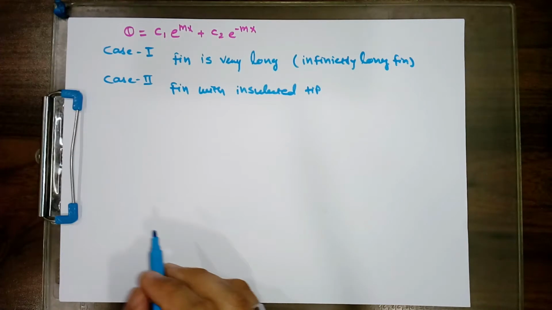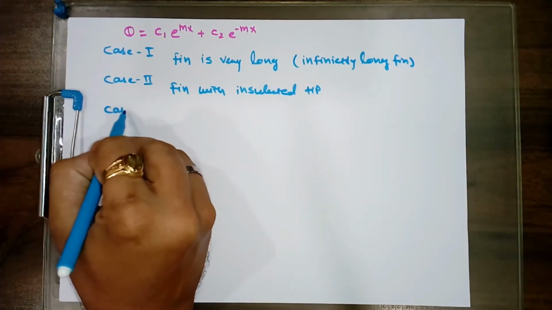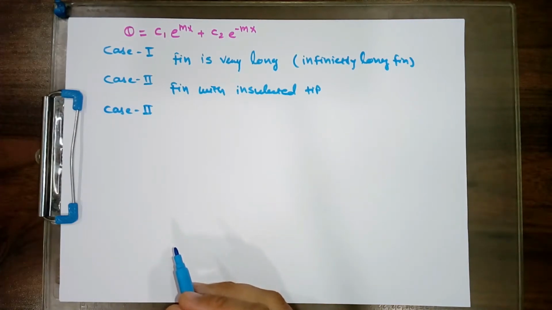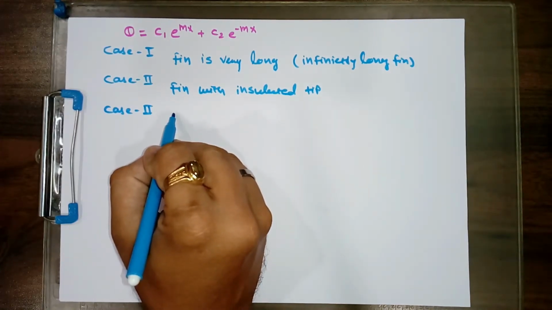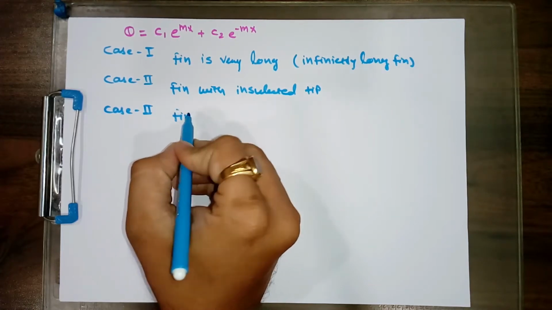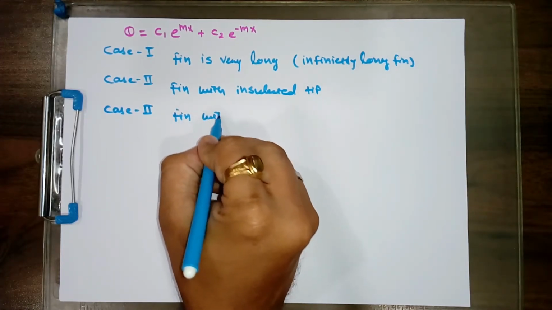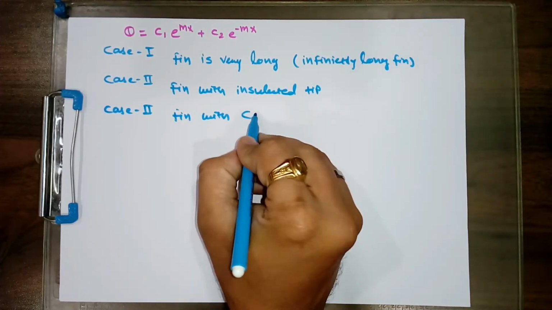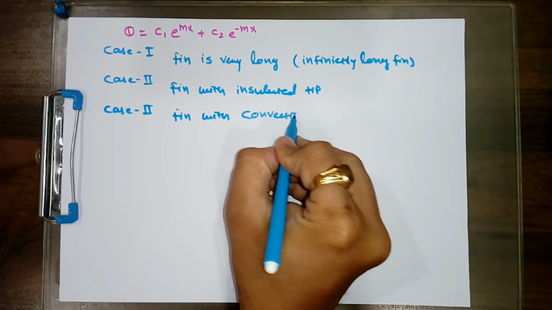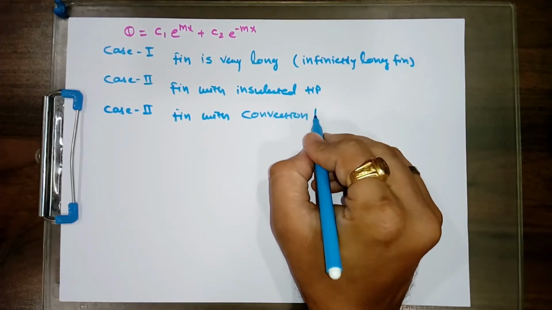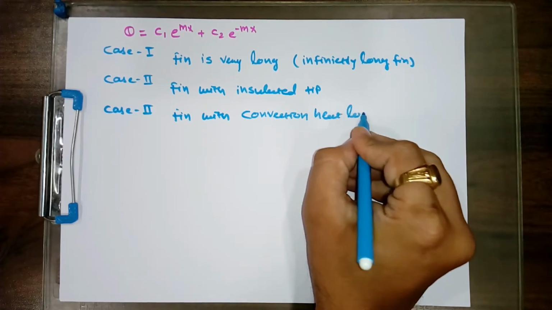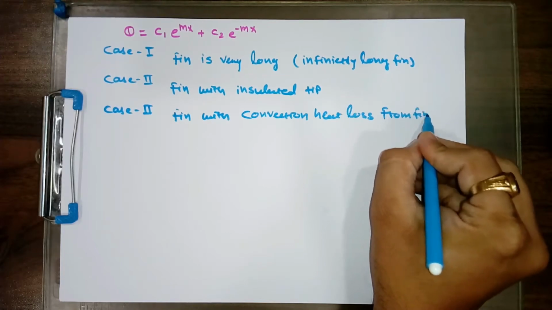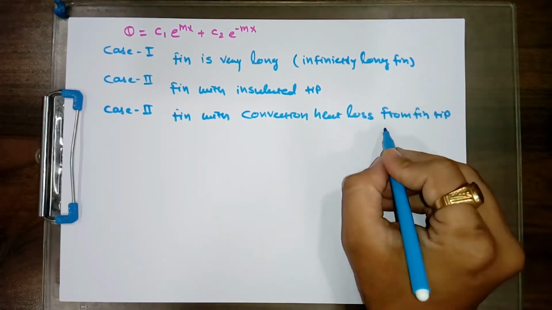And the third fin is the short fin, or we can write a fin of finite length with convection, or the convection heat loss from the fin tip, or we can write it as a short fin.